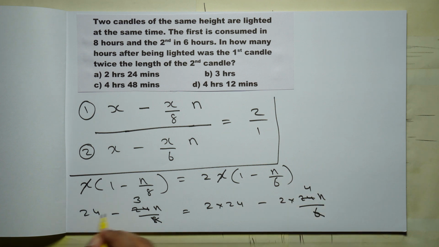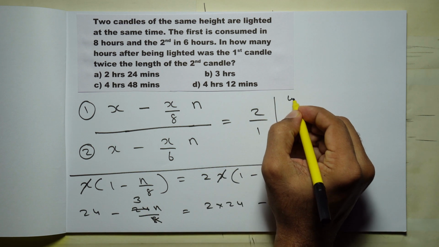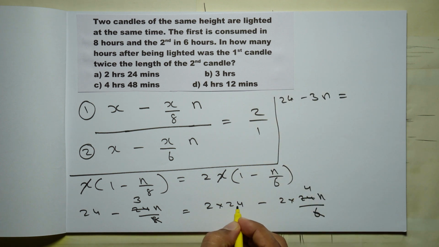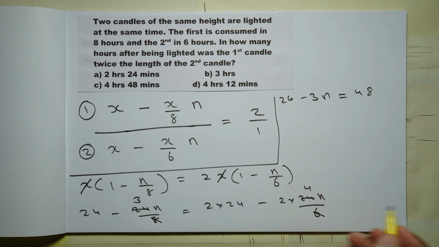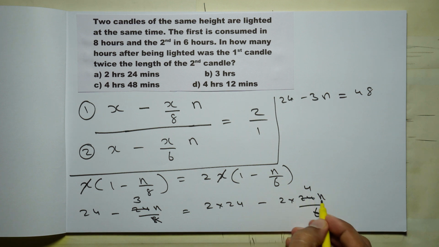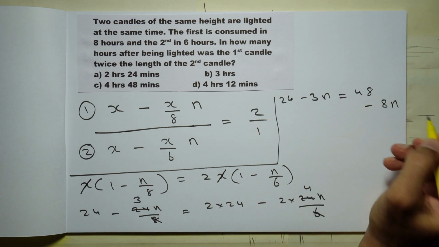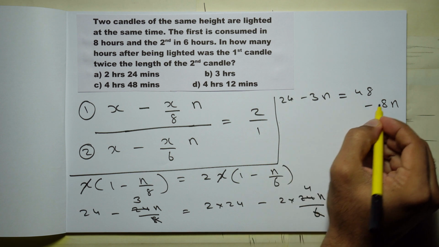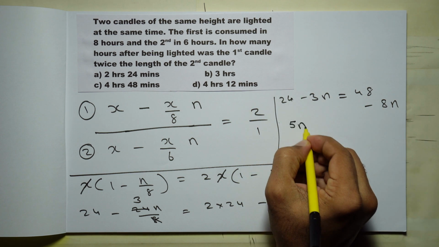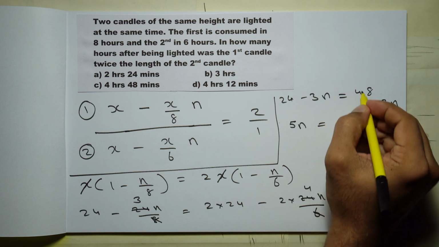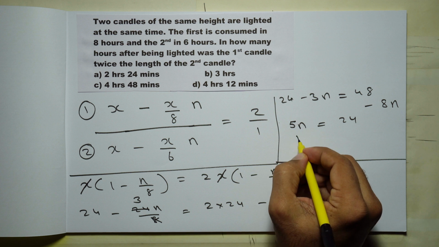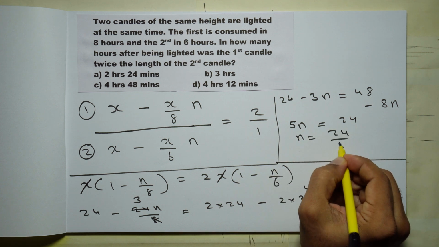So here you have 24 minus 3n, that is, 24 minus 3n is equal to 2 into 24, 48, minus 2 into 4, 8, minus 8n. I'll just bring negative 8n to this side. So negative 3n plus 8n, you will get 5n. 5n is equal to 48 minus 24, that will be 24. So n you will get as 24 by 5.